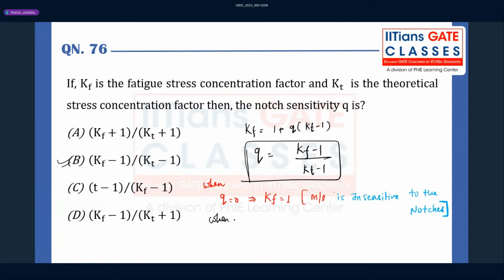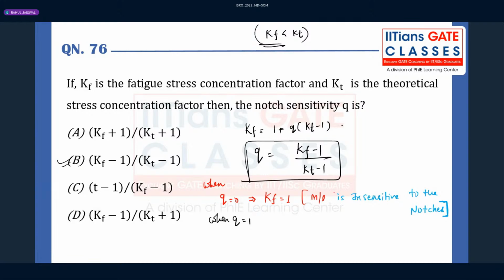When Q is equal to 1, look very carefully at the values of Kt and Kf. Actually Kf should be less than Kt. Theoretically, the stress concentration factor that was predicted is very high, but actually it is not.